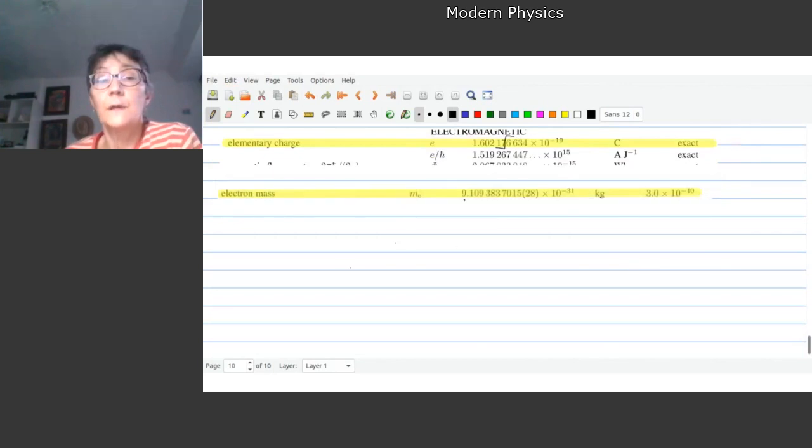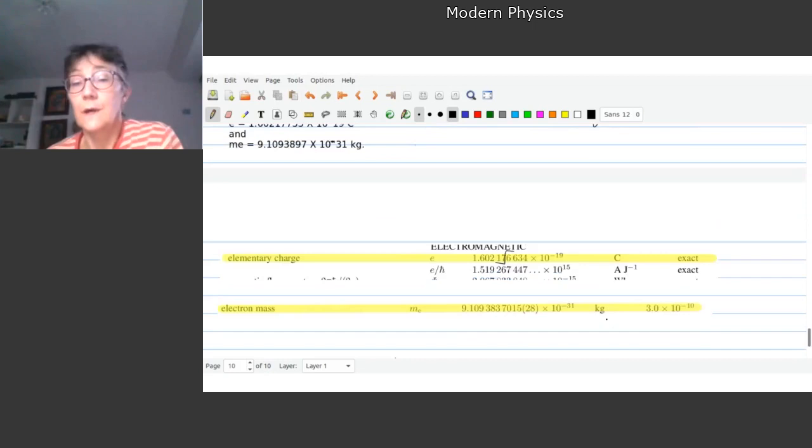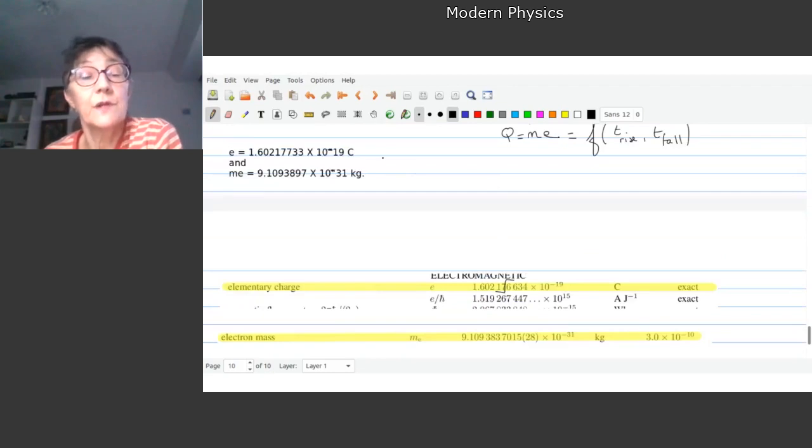Okay, electron mass 9 point. So you can see that it's not high technology, but they made very, very careful measurements, and they arrived at values which are really impressive, the measurements of the elementary charge and the electron.